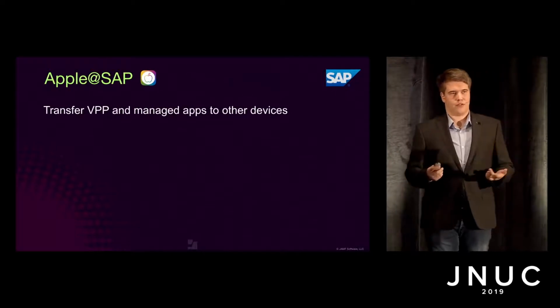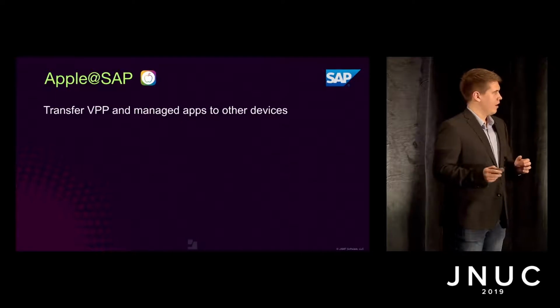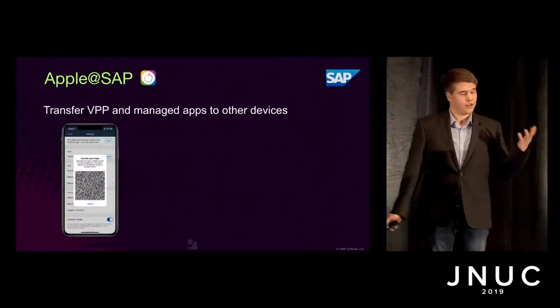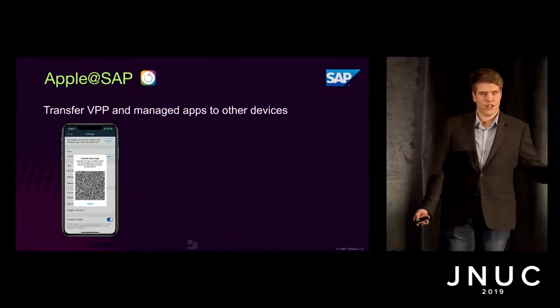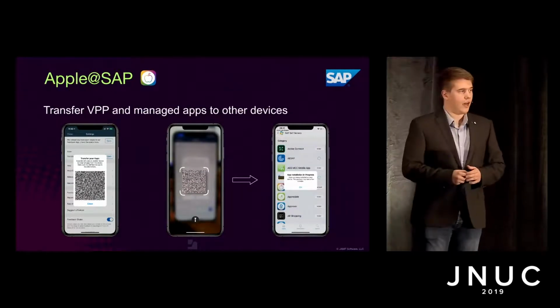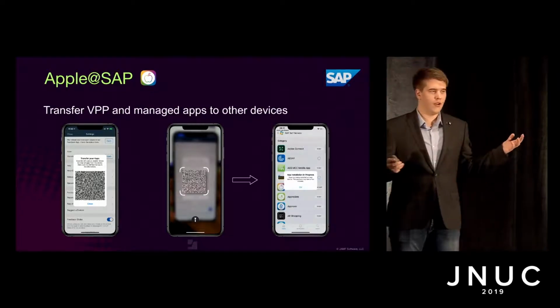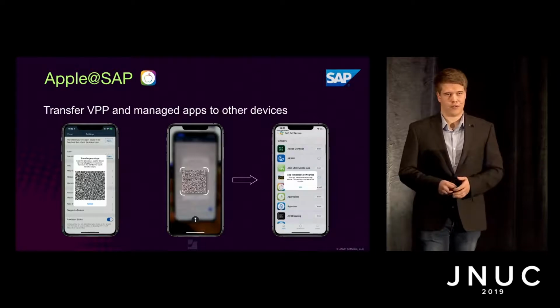So you would need to go into self-service and select every single app to install again. This is kind of stupid, especially if you have a lot of apps. Well, you could simply open the Apple SAP app and generate a QR code that you scan on your new device, and the new device installs every app that you had previously installed on the old device. So that way you don't have to worry about the list of applications that you have, and you don't have to do anything manually.